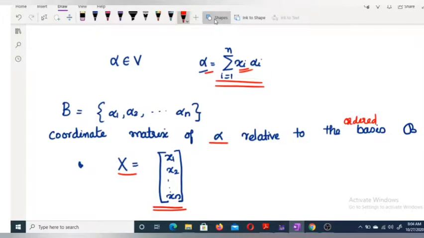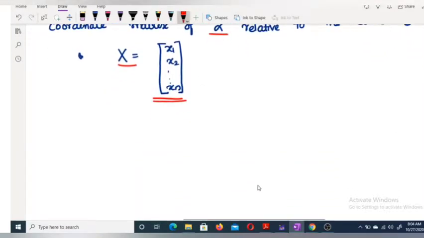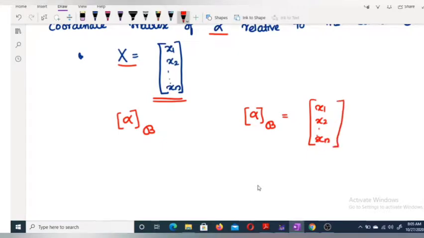This is called script B, and we denote this as the matrix of alpha relative to the basis B. Therefore, the matrix of alpha relative to B is equal to x1, x2, etc., xn. Clear?